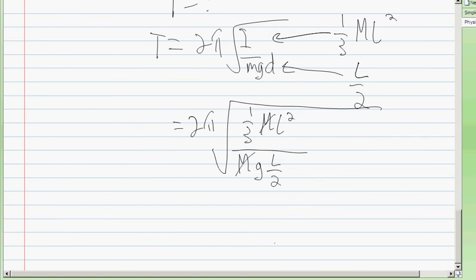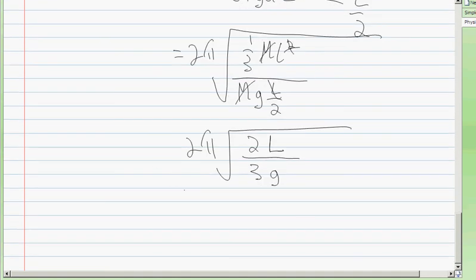The masses divide out. We end up with a 3 on the bottom and a g on the bottom. One of these L's divides out also. We end up with a 2 on the top and an L on the top. And that's our period. 2L over 3g. 2/3 L over g. And it turns out pretty nicely.